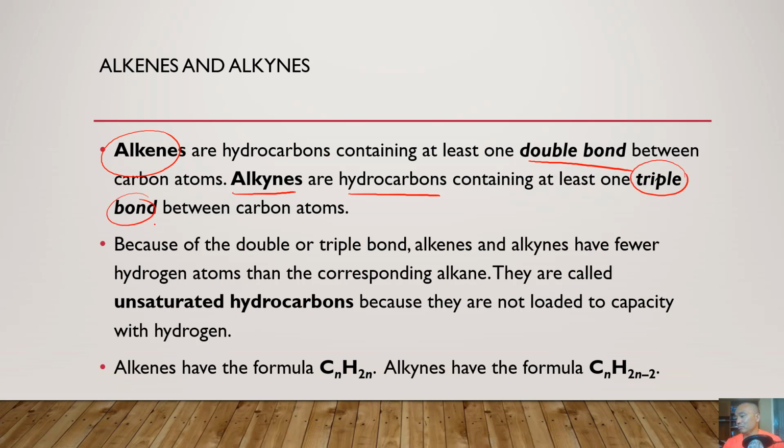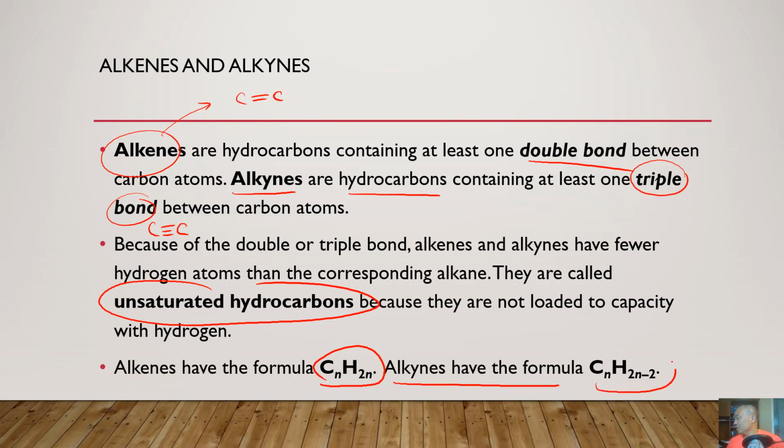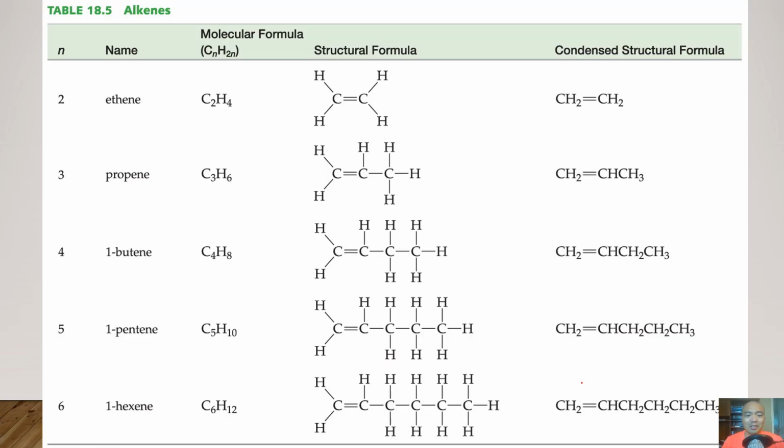It's a carbon-carbon triple bond in alkynes. Alkenes contain a CC double bond, right? Because with the CC double bond, you can actually react with more hydrogens, so we call them unsaturated hydrocarbons. And alkenes will have the formula CnH2n, and alkynes will be CnH2n-2.